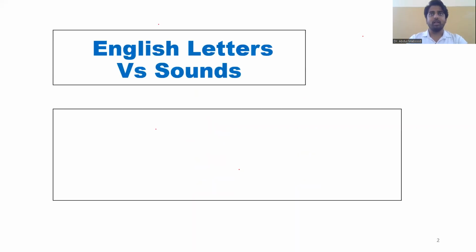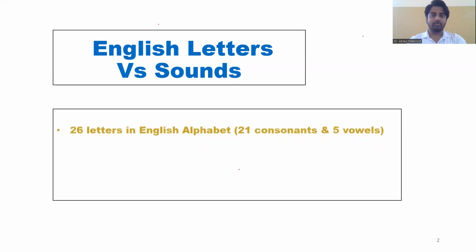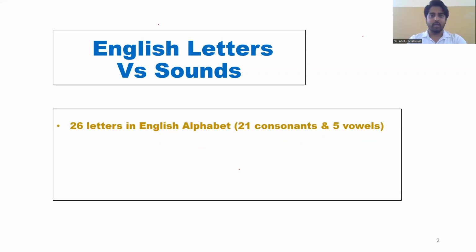Now, this all happens because of the sound system that we human beings have, right? In English, we know there are 26 letters, 21 consonants and 5 vowels.